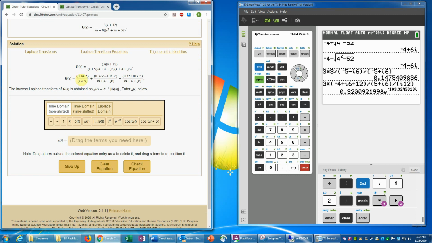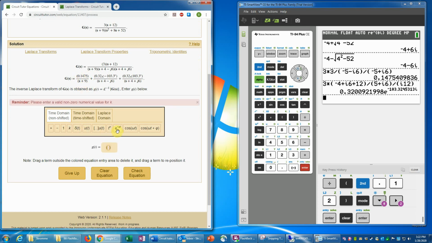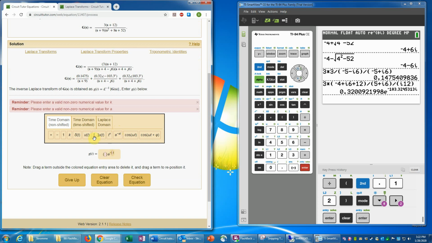So the first term, that's a very familiar one, hopefully by now. That should just be a 1 over s plus a type term. So that's going to give us an exponential times the unit step function. And I could use this term here and put everything inside those brackets, but I'm just going to do individual terms to make it simpler. So I'll need a constant times the decaying exponential times the unit step function for the first term here.